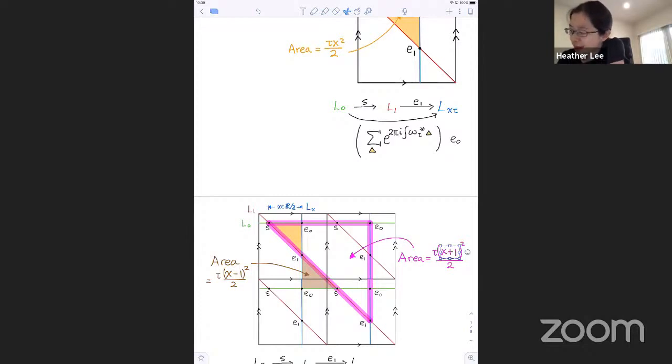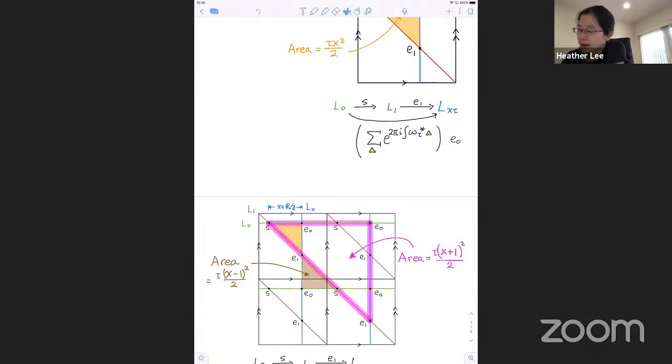And then there are also these other triangles on the opposite sides with the side length 1 minus x. So this triangle has area tau times 1 minus x squared over 2, or x minus 1 squared over 2. And then there are bigger and bigger versions of this that have areas tau times x minus n squared over 2.